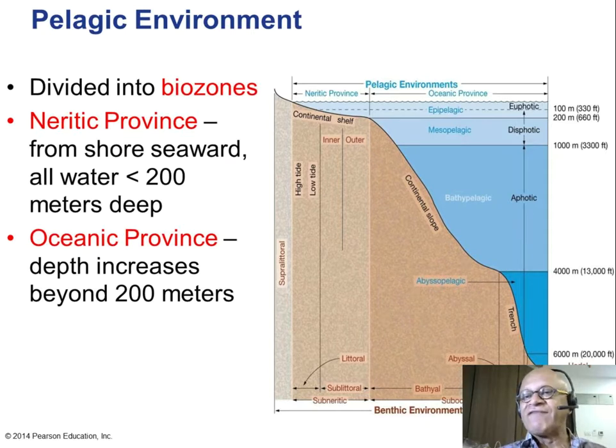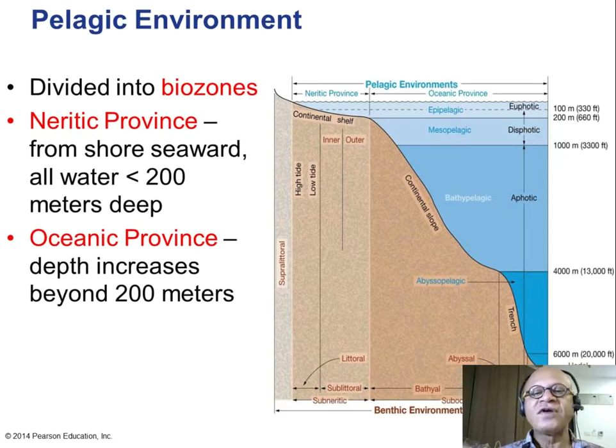The pelagic environment goes all the way into the open ocean, so it has the oceanic province going from 200 meters, which typically coincides with the shelf break. So the topography begins to get very steep over the continental slope as you go away from the continental shelf. So this continental shelf area is called neritic province.